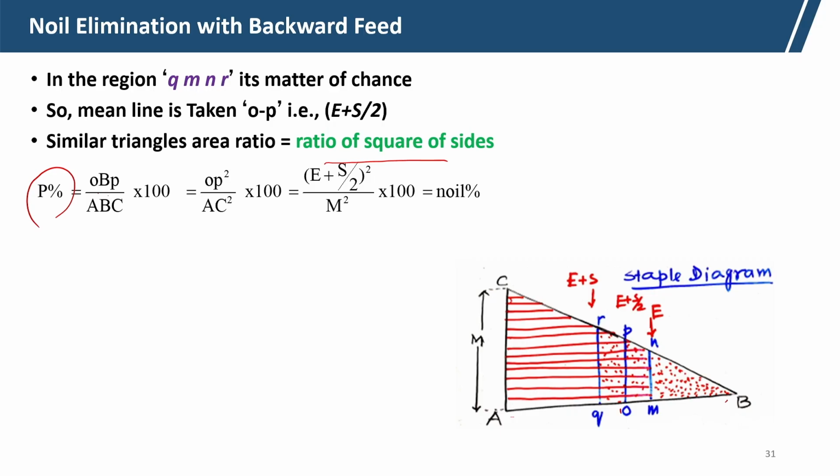And here the area ratio is equal to OP square by AC square. The similar triangle area ratio is the ratio of the square of the sides, that is the similar triangle property. The area ratio is proportional to the weight, the mass ratio.